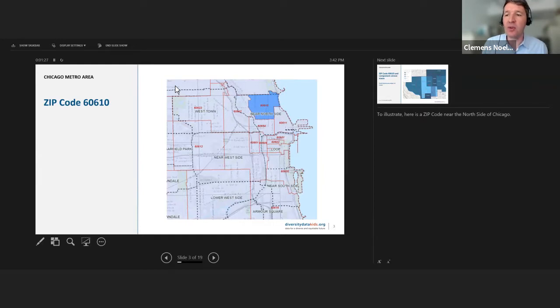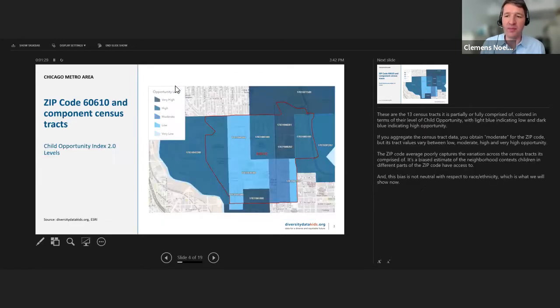To illustrate, here's a zip code near the north side of Chicago. These are the 13 census tracts it is partially or fully comprised of, colored in terms of that level of child opportunity, with light blue indicating very low and dark blue indicating very high opportunity. If you aggregate this census tract data to the zip code level, you obtain moderate for the zip code, but its tract values vary between low, moderate, high, and very high opportunity.